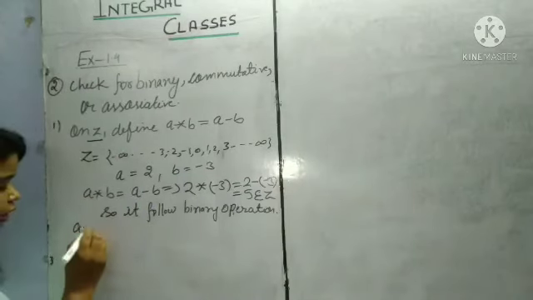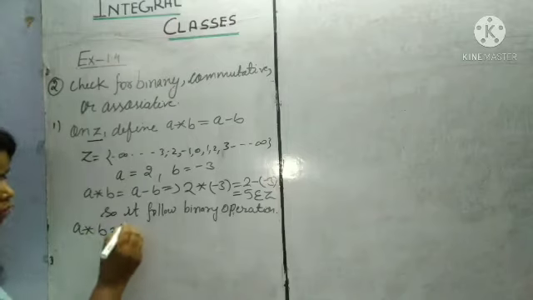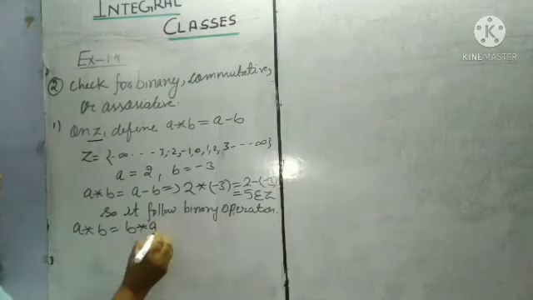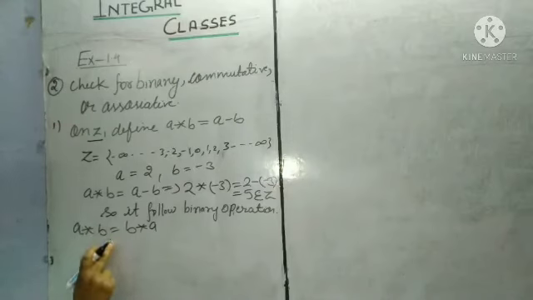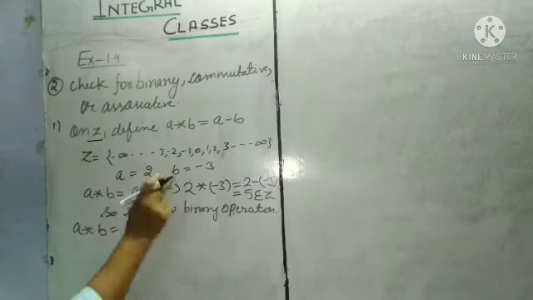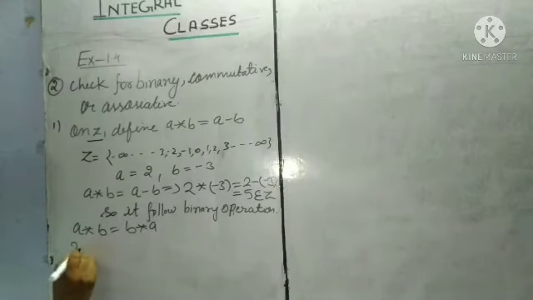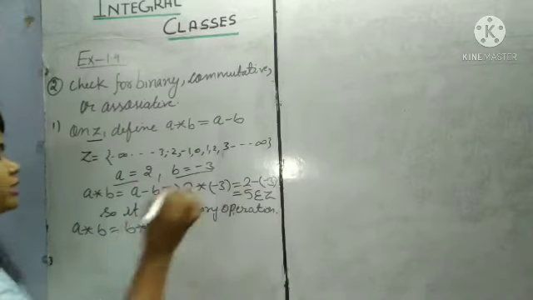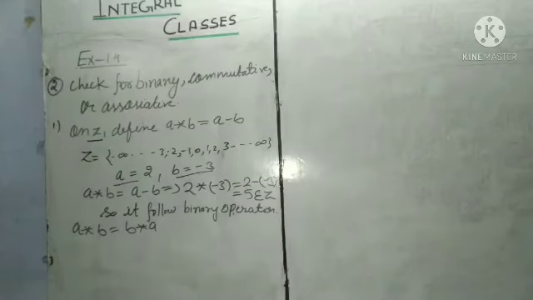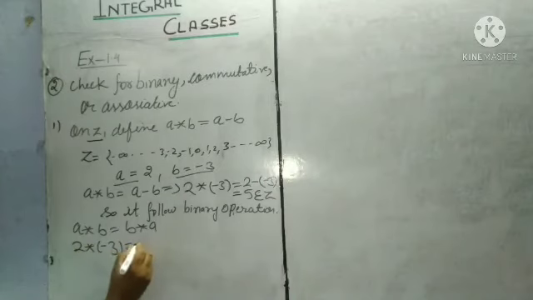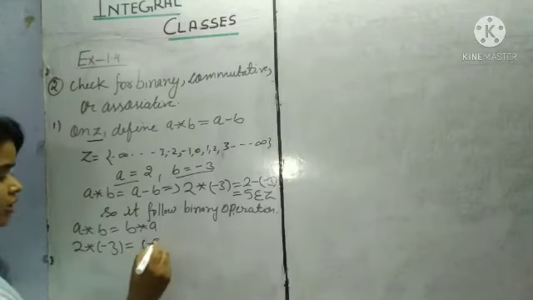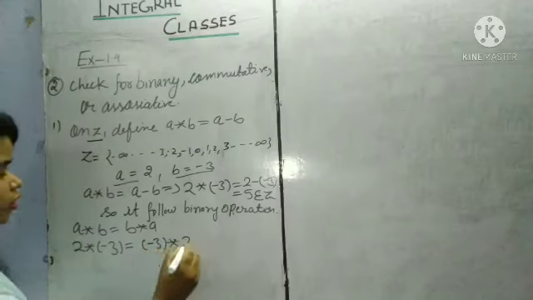Now for commutative, we will prove here A star B equal to B star A. For A star B, we have A minus B. Again we will consider two elements from Z, A equal to 2 and B equal to minus 3. 2 star minus 3 equal to minus 3 star 2.